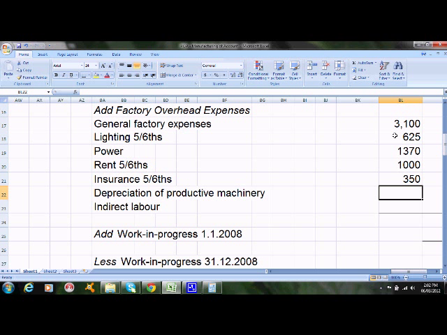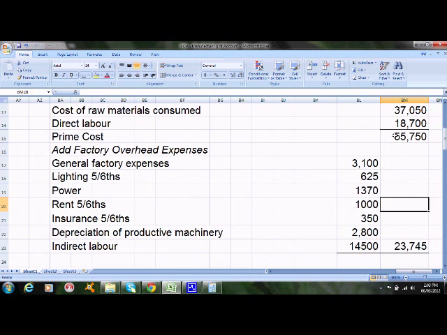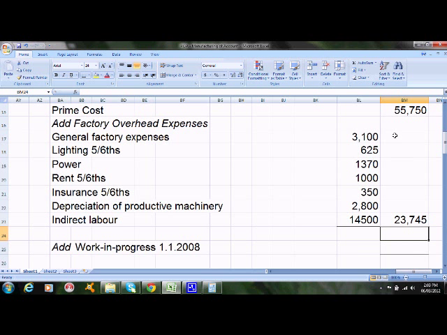So therefore we use productive machinery, 2,800. Then indirect labor is 14,500. Now we add up all of that and get a figure of 23,745. When we would have done that, friends, we then add this 23,745 to the 55,750, and we get 79,495.